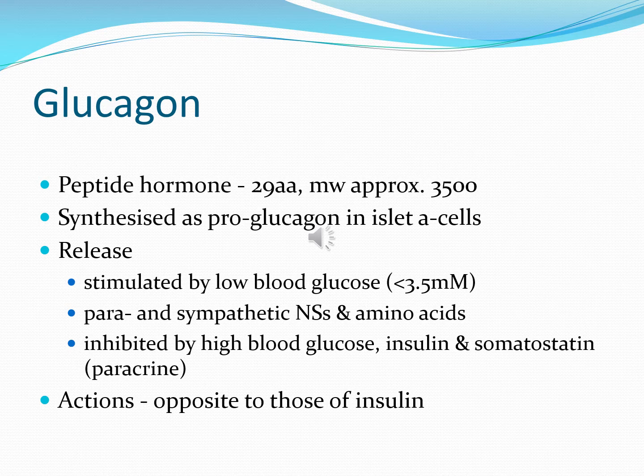Probably kicks in at about 3.5 millimole per litre. And as with insulin, there's also other stimulants, paracrine and synthetic activity. It's inhibited by high blood glucose and insulin, and as I previously alluded to, its actions are to oppose that of insulin.